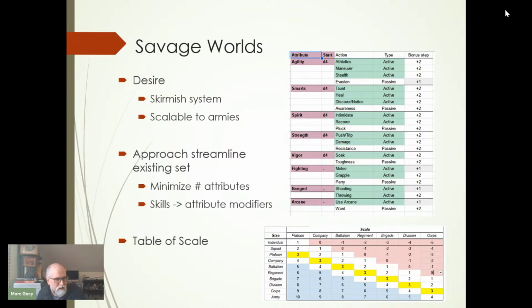Say if you had a company level attacking a platoon level, they'd get a +1 to it, and the 3 is the number of figures in there. Say you've chosen, I want my game to be played at company scale. I have 3 figures in it. If I have a platoon, it's going to be 2 figures, and then the difference between those two is a bonus or a subtraction.